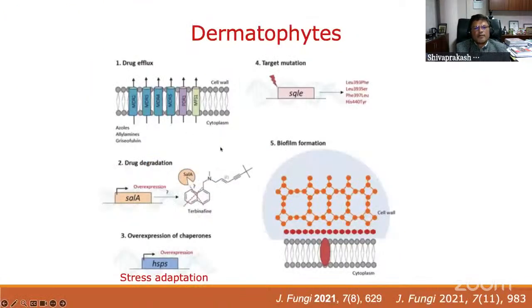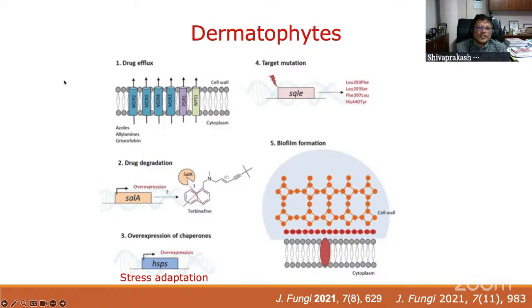In the case of dermatophytes, as I said, the major cause of terbinafine resistance is mutation in squalene epoxidase. In India, in Trichophyton indotineae, we are seeing Phe397Leu, whereas in Trichophyton rubrum, Leu393Phe is the major one.